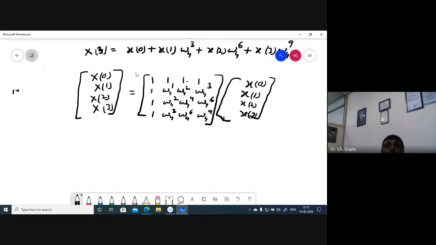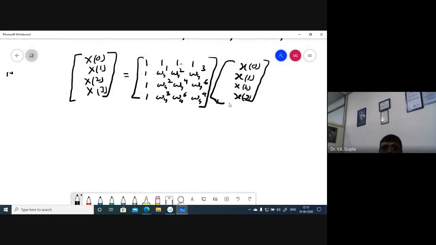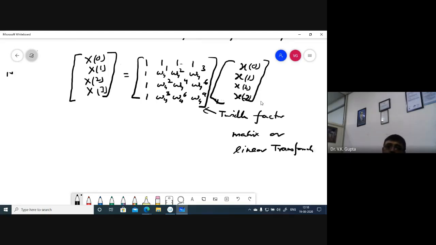This matrix is called the Twiddle factor matrix, or the linear transformation matrix.